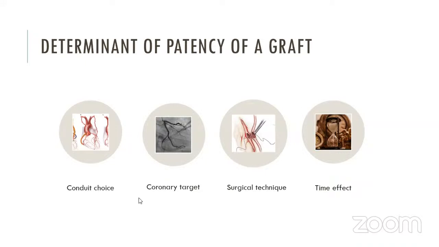Your coronary targets, whether you're implanting whatever conduits that you have in different arteries, will determine the outcome. If you implant the saphenous in the RCA or the LAD, it is completely different. And lastly, the different conduit choices, which I'll be talking a little bit about, but they'll be discussed extensively in the last lecture of today.